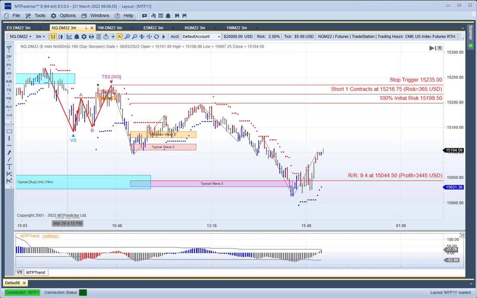So what that means is when you did the previous trade, if you had been able to do that trade as I explained earlier in the video, if that had been taken, that would have been a -1R loss. So that loss would have been small. This profit would have been plus 9R, so it would have been large, not just in dollars, but large in relation to the previous loss. That's what we're looking to try and do with MTPredictor, not have a high percentage of winning trades.